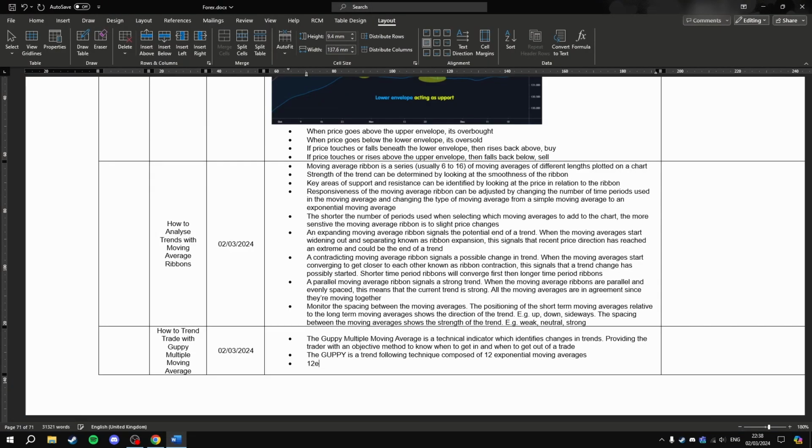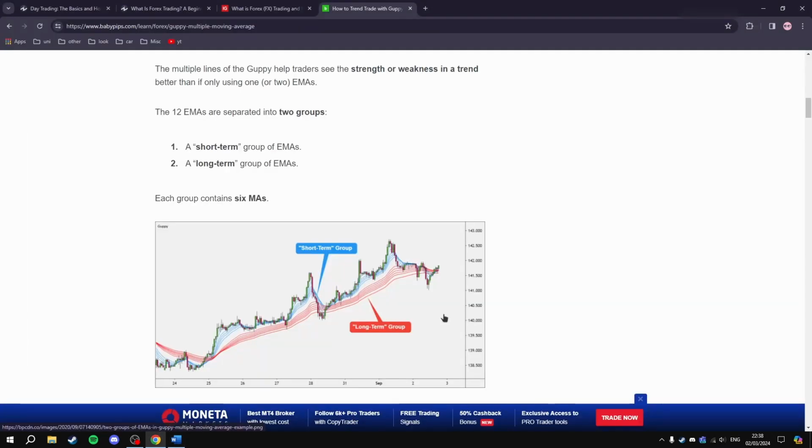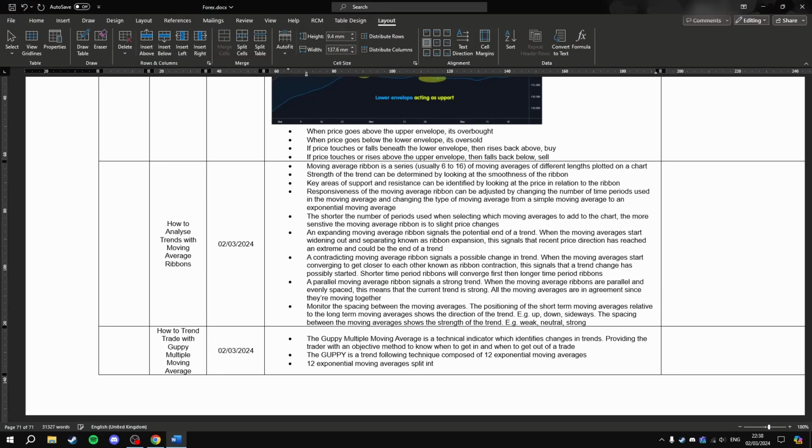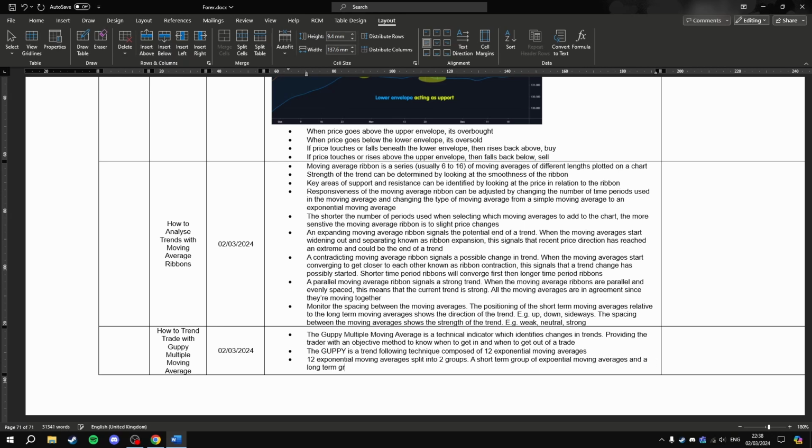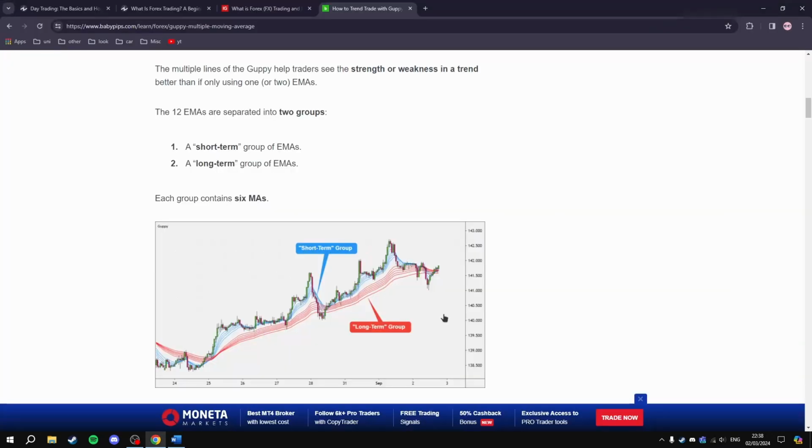12 exponential moving averages split into two groups: a short-term group of exponential moving averages and a long-term group of exponential moving averages.